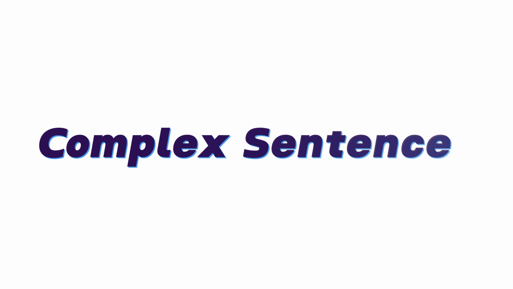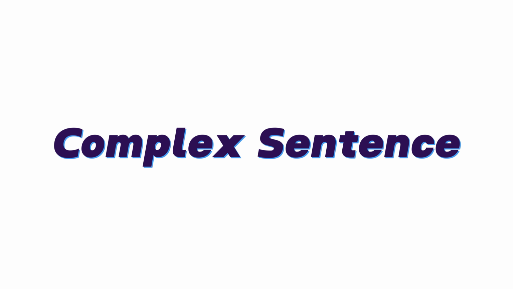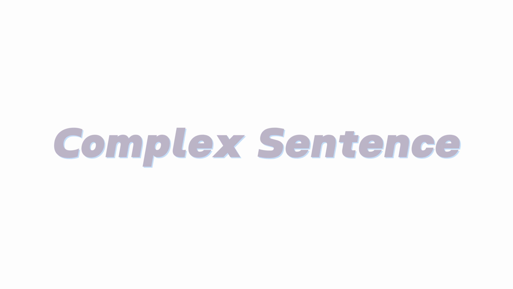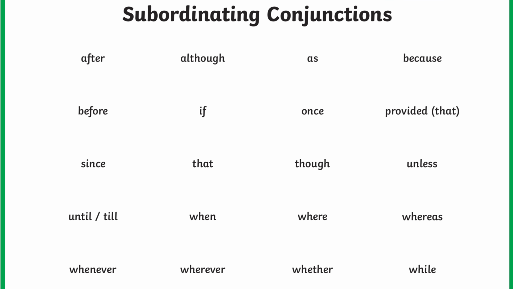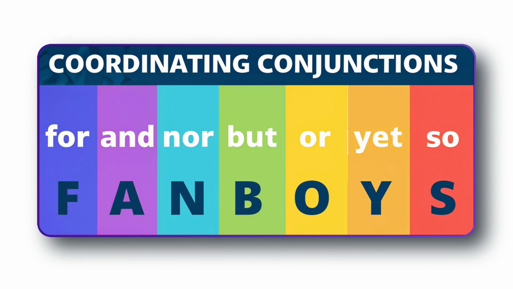To make a complex sentence, you need a subordinating conjunction. And you're going to ask me now, what is the meaning of a subordinating conjunction? These are called subordinating conjunctions, and they are different from the ones here. Look, when we talked here, we said we need a coordinating conjunction. We will study them in detail, but look here, "and" and "but" are called coordinating conjunctions.